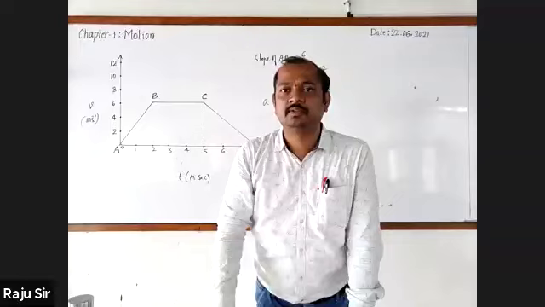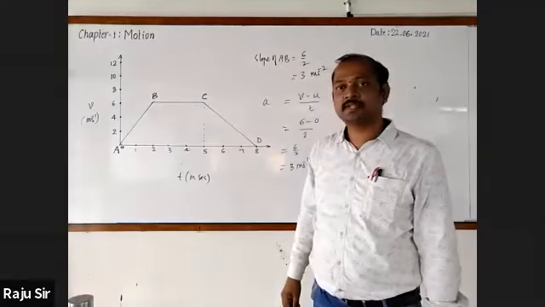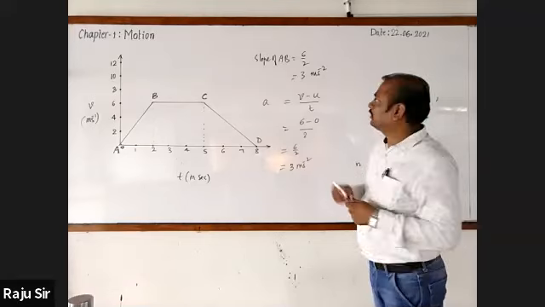Enough. I've given chance to 2 students. They are responding. Let them try. Manya, you tell. Minus 2 meter per second square. Now, how did you come to know it is minus 2 meter per second square? So time is 3 seconds. Okay.